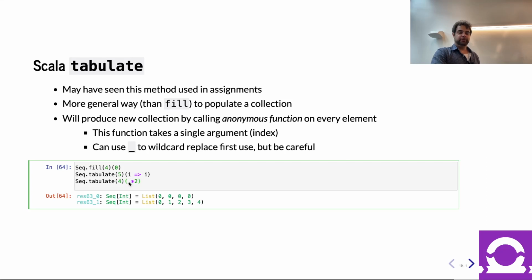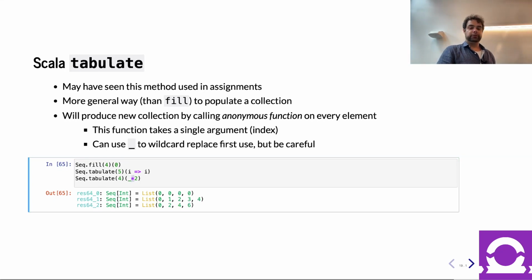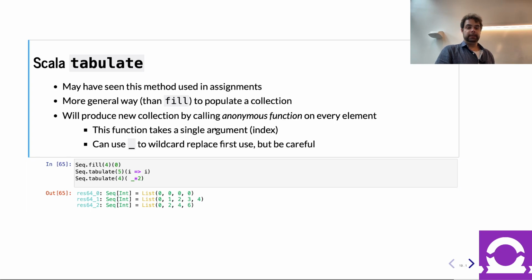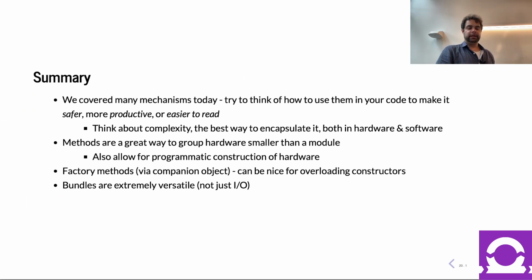So if I want to use an argument twice, I can't do that with wildcards. But if you only want to use it once, this works fine. So you can do underscore times 2 like that. And you can see in this case, it does i of 0, 1, 2, 3, and 0, 1, 2, 3 times 2 is 0, 2, 4, 6. Cool. And we'll see more anonymous functions in some of the future stuff.